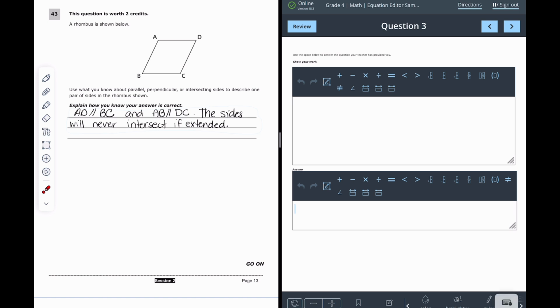So you're not showing your work, instead you're just answering. So I would say the same thing. Line AD, or instead of writing AD, I could use this symbol and just type in there AD is parallel to BC, and they only want one line, so I'm going to give them one set of lines.